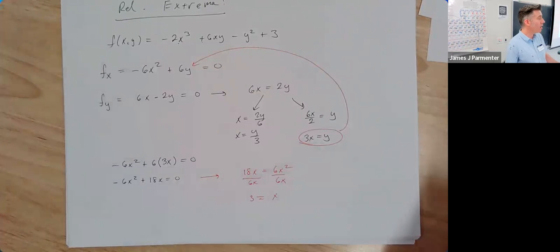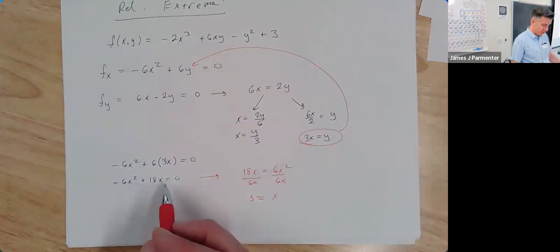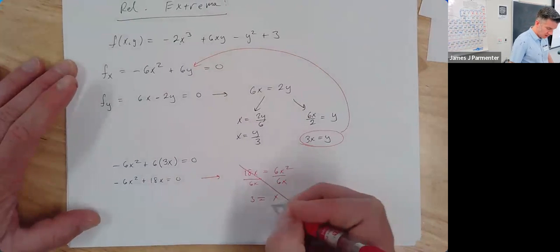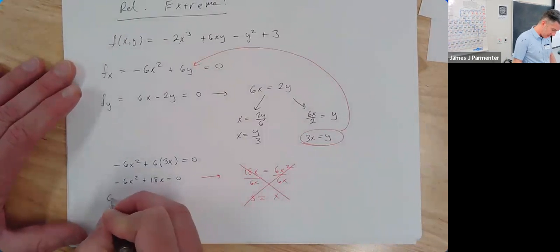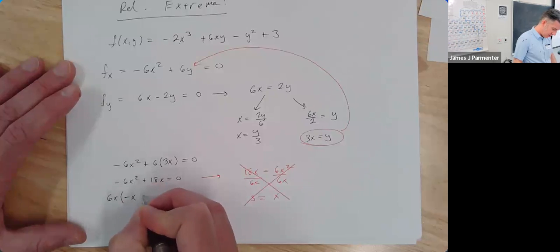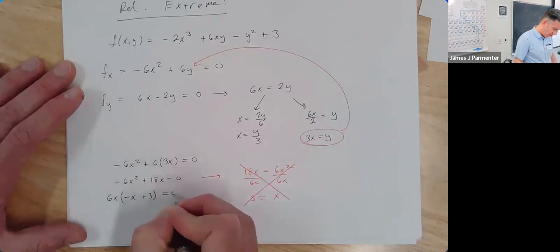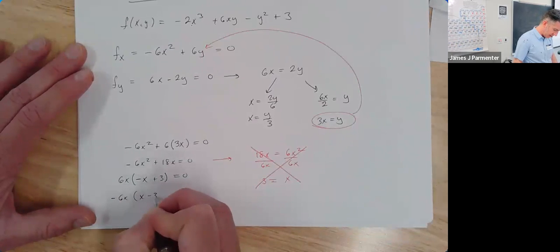That's not wrong, but that's not all the critical values. You're missing an obvious one, x equals 0. So we don't want to solve it that way. We want to solve it by factoring. Factor out a 6x. You're left with a negative x plus 3. Or if you prefer, factor out a negative 6x, and you're left with a positive x minus 3.